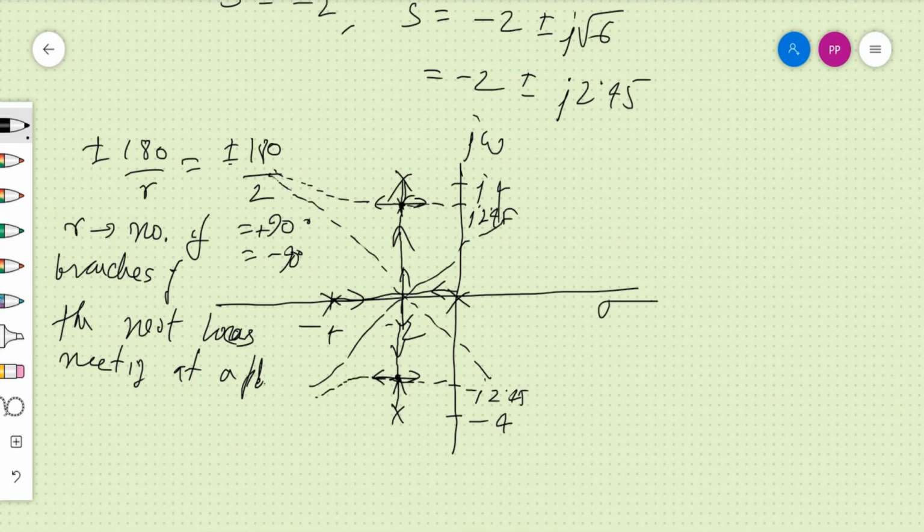Once you depart, you will proceed towards the asymptote like this, and here also on the right side of this point, in this direction. At which point you are intersecting with the imaginary axis, you have to find out by using the Routh stability criteria, that is the Routh table.